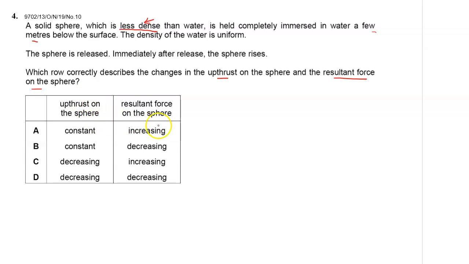Of course, upthrust, you know well that upthrust is the weight of the displaced liquid, displaced water for this matter, right?